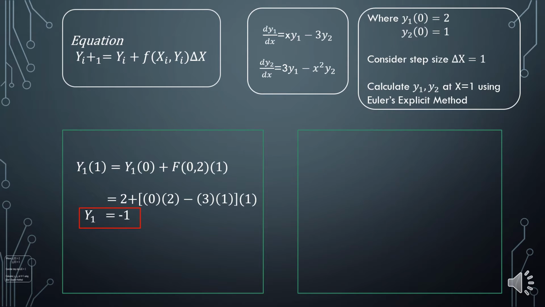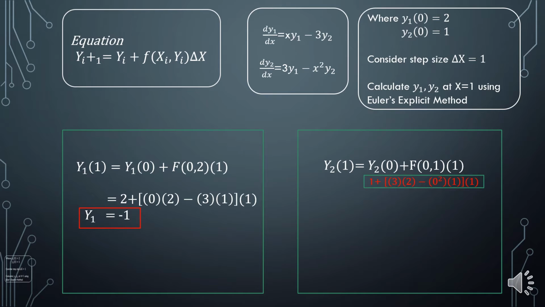In getting y2, the same idea goes with y1. So y2 when x is 1 is equal to y2 of 0 plus f, where x is 0, y1 when x is 0 is 2, and y2, which is 1, times the step size, which is 1. So y2 when x is 0 is equal to 1.